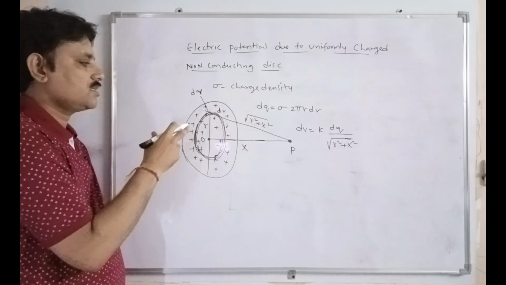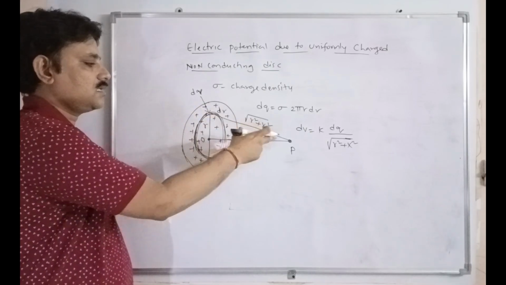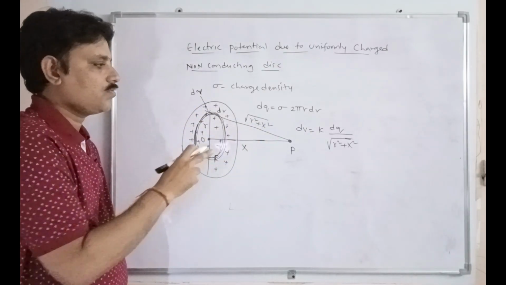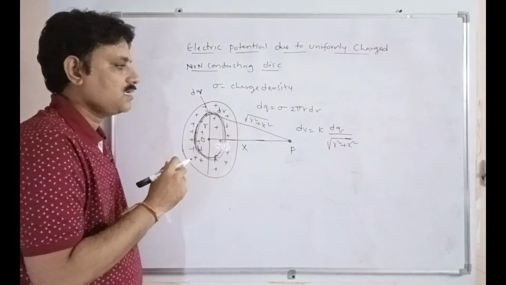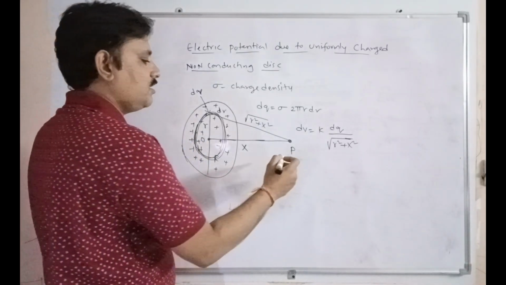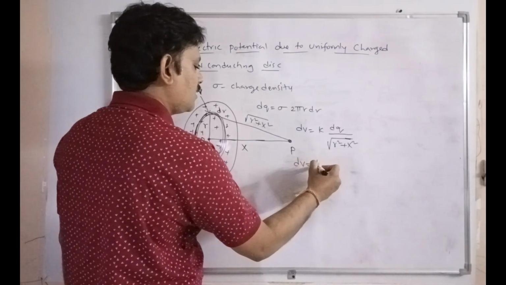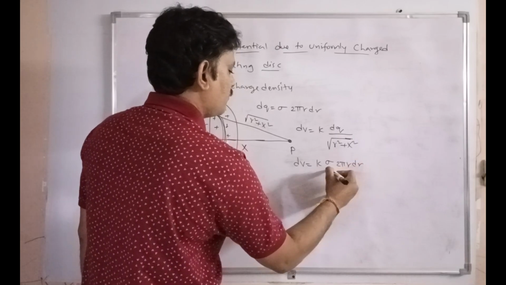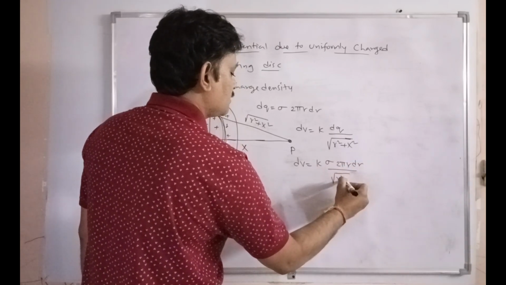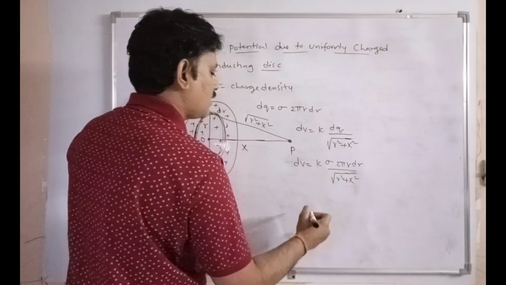So dV is equal to k into dq by root r square plus x square. And substituting the value of dq in terms of charge density, 2 pi r dr by root r square plus x square.